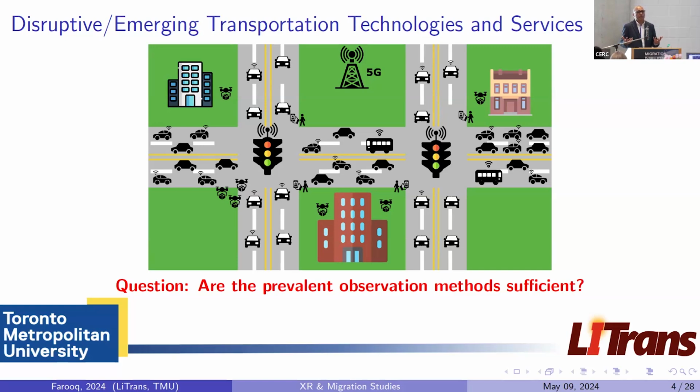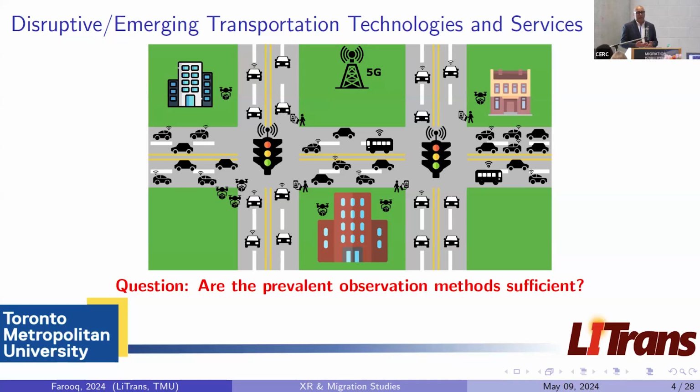We have some typical ways of observing behavior. For instance, in travel demand modeling, the basic way is to look at census data, the information available there to understand human behavior: which mode they are taking, where they are commuting, why they are commuting, and so on.